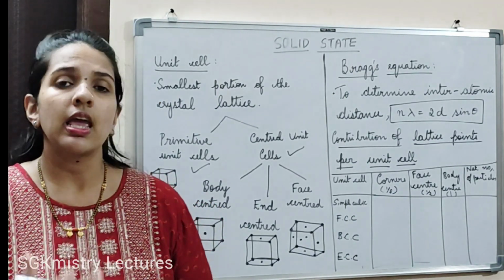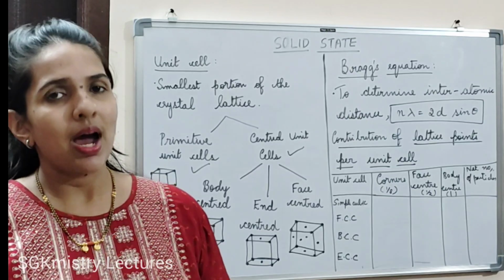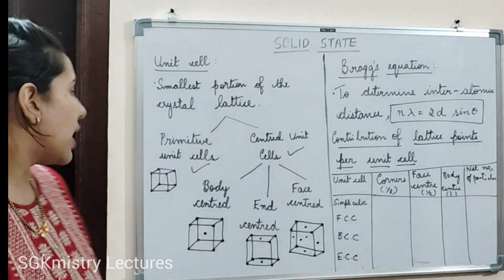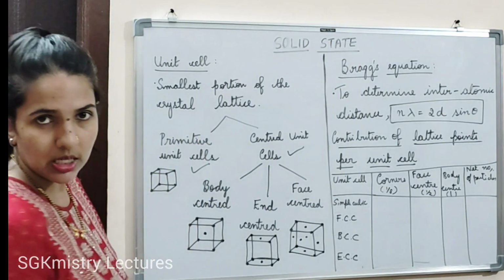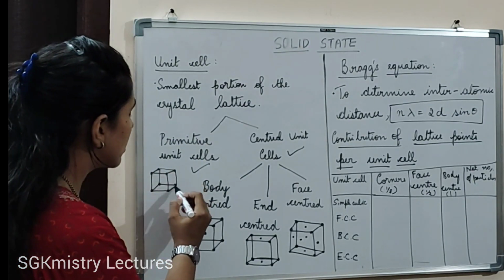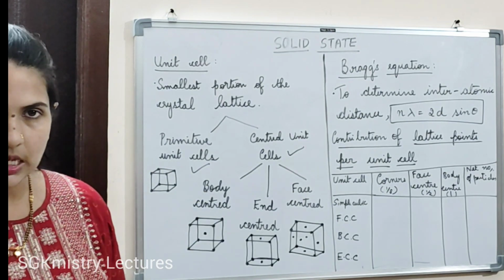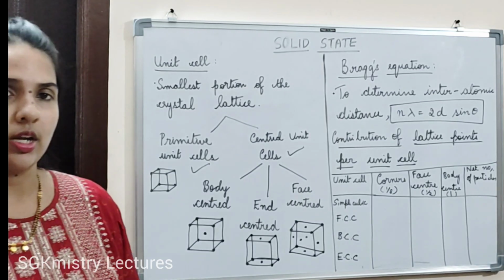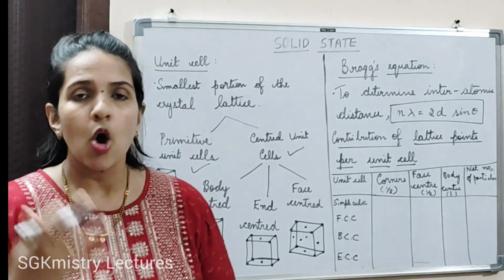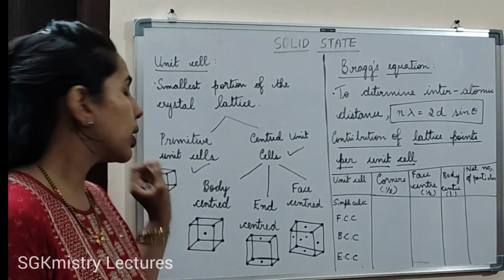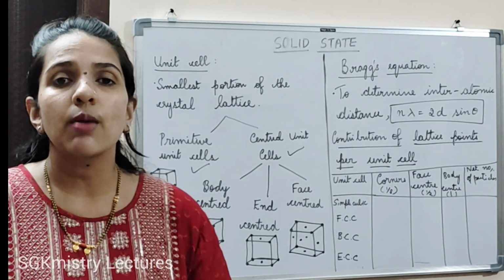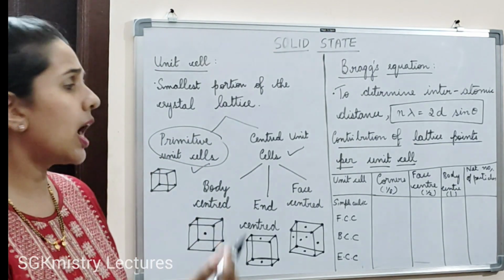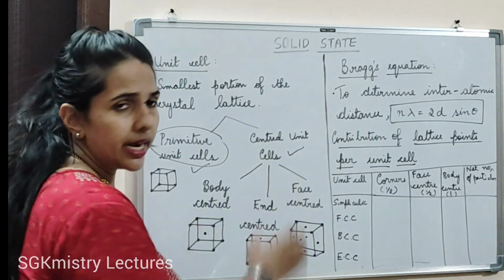The particles in primitive unit cells are present only in the corners of the unit cell, as you can see here where I have marked. They are not present in any face or on the edges or anywhere else, only on the corners. Such unit cells are called primitive unit cells.